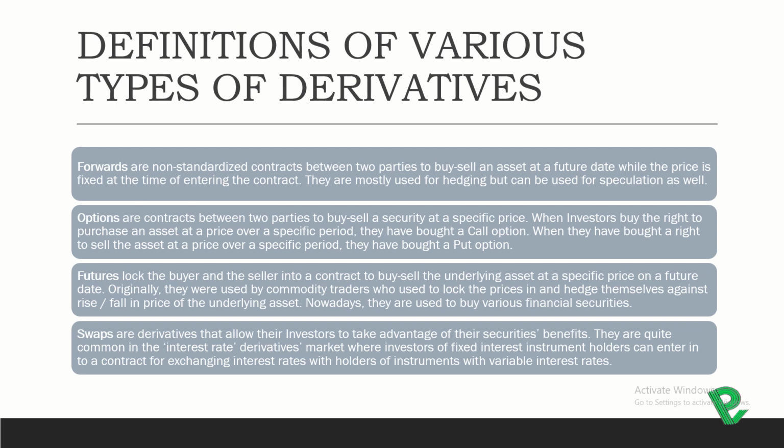Swaps are derivatives that allow the investors to take advantage of their securities' benefits. They are quite common in the interest rate derivatives market, where holders of fixed interest instruments can enter into a contract for exchanging interest rates with holders of instruments with variable interest rates.